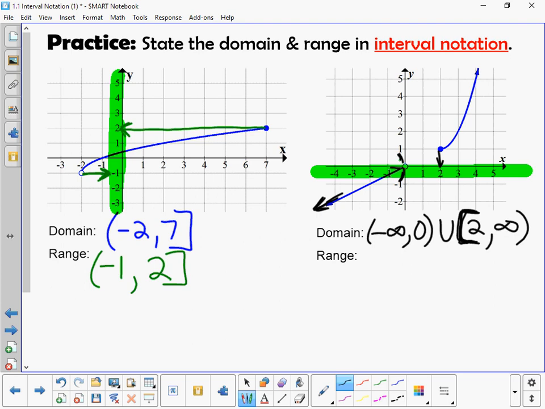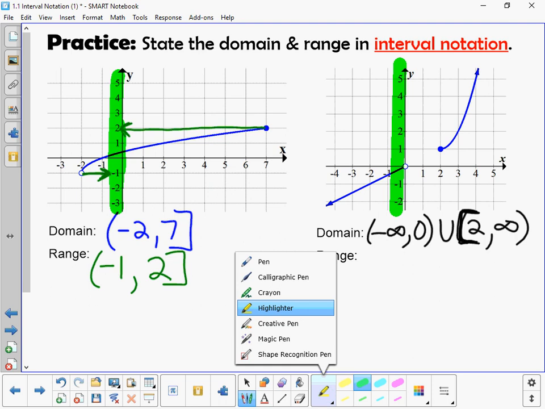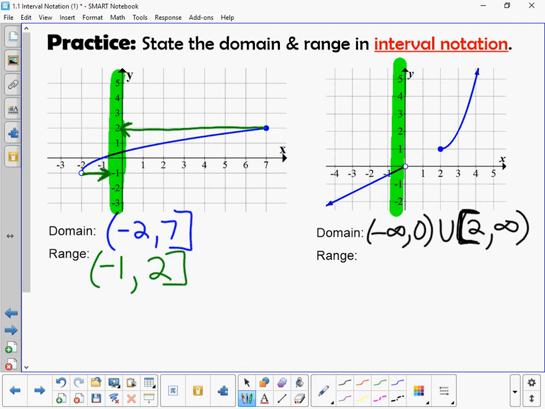All right, for the range of this, we have to focus in on the y values. Don't even think about those x values anymore. For the range, you want to focus on the y value. So our range is, well, if we're reading it bottoms up, always start with the most negative value. This has an arrow pointing downward, so it's from negative infinity up to, well, this value that it went up to is 0.